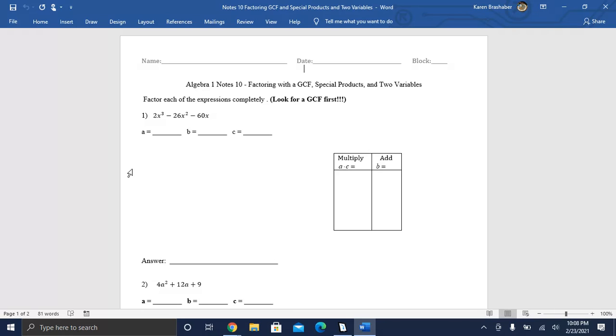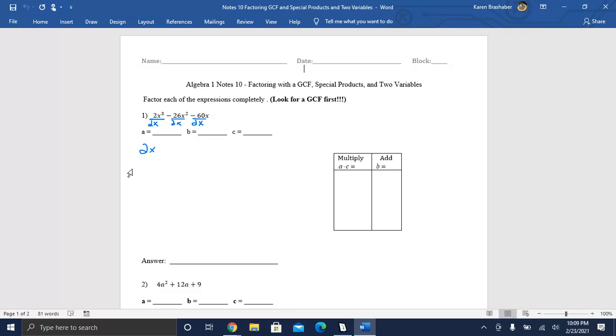So before determining A, B, and C, we need to divide each one of these terms by the greatest common factor. So we can divide each of these by a 2x, and in doing so, we'll have a 2x, and then I'll go ahead and just write it underneath.